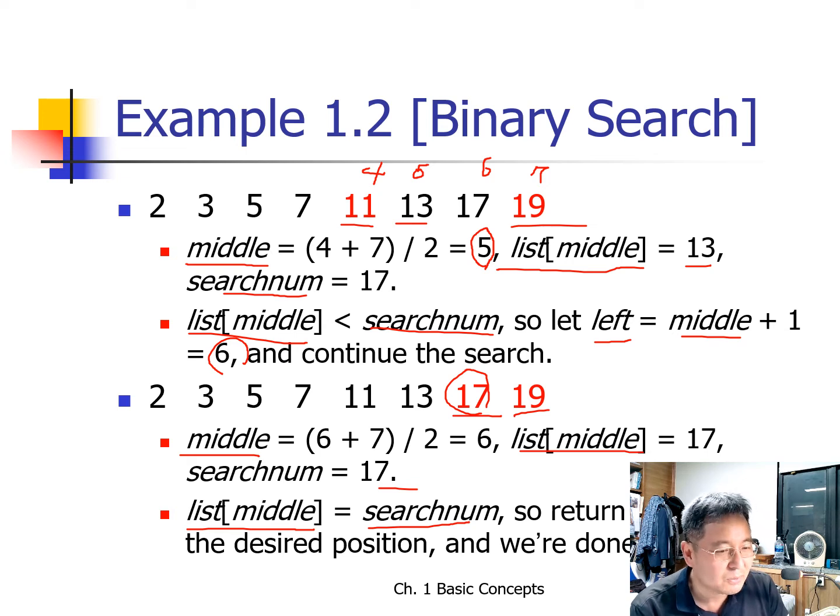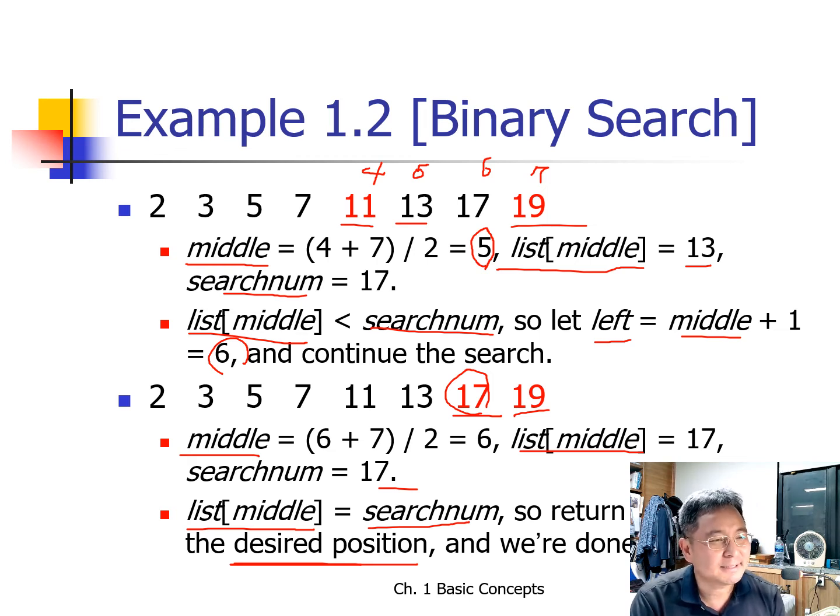That means we can return the middle value, which in this case is 6, and that is our desired position, and searching is done. So 17 was located at index 6. Okay, mission completed. So that is binary search.